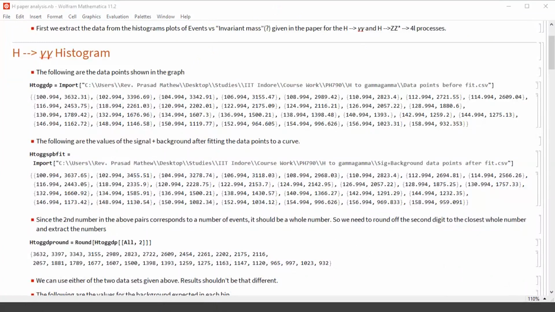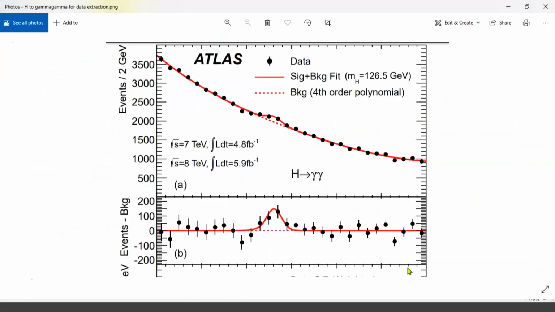Okay, that was extracted from this graph. Okay, from this.